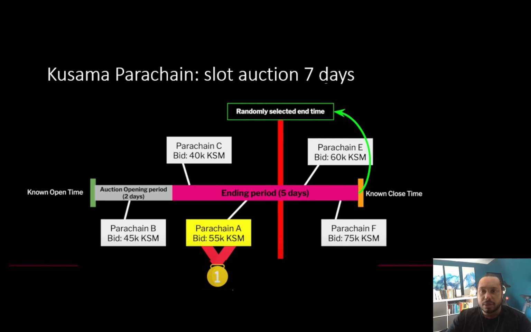So it's some kind of gamified way of winning a slot, and also engages, I think, the investors into, okay, I really want to invest in this project, and I need to think of which project I am going to invest in and how much to support your project.